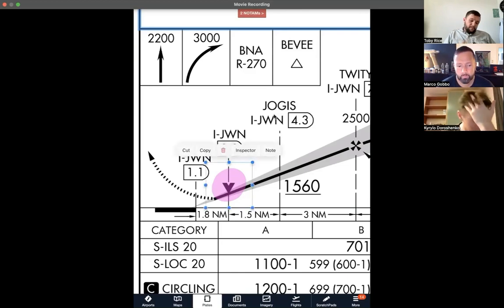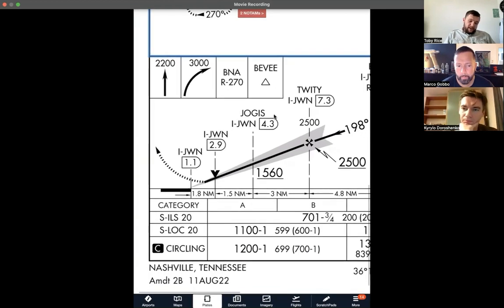Yes. So basically, if the airplane is leveled off here at your minimums of 1100, say you descended from here to here, whatever, you followed your step downs, right? And then you get to your minimums. And let's say you see the airport right here.